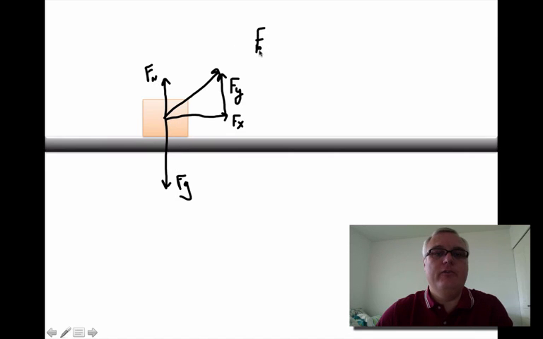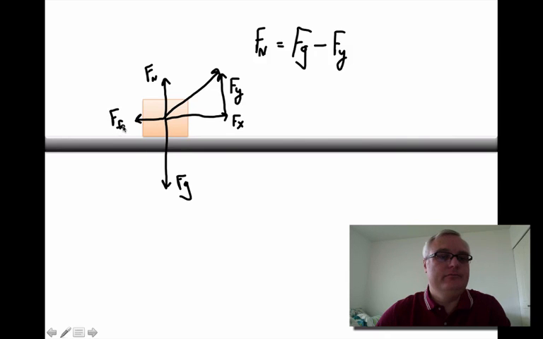So now the normal force upwards is going to be equal to Fg minus Fy. Right? I've decreased the amount of normal force. And by decreasing the normal force, I decrease the amount of friction. Right? So if I lift up, I make it easier to pull this block.